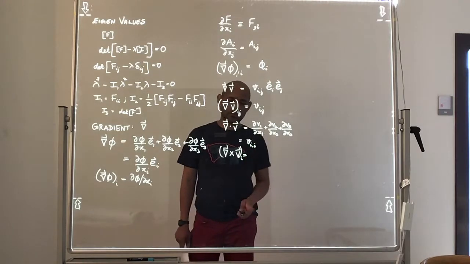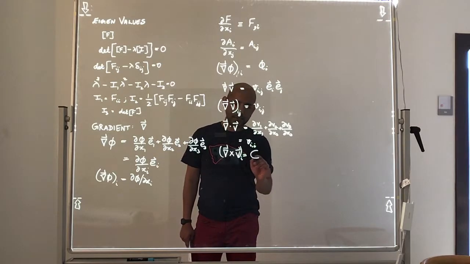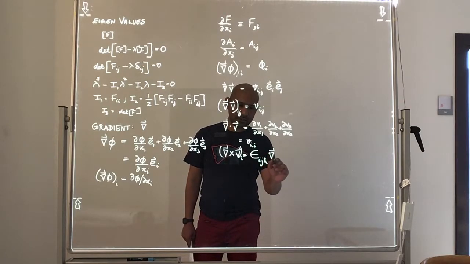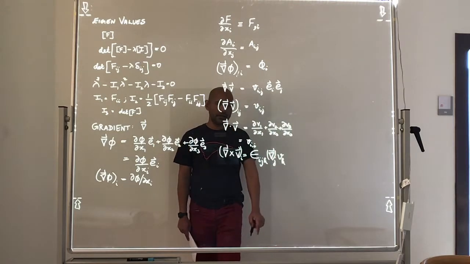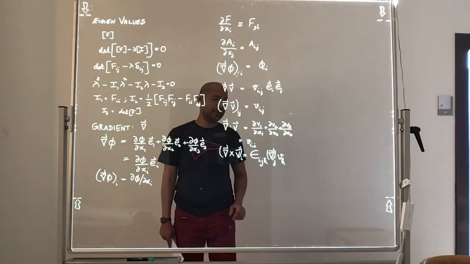A cross B, okay? So I need epsilon ijk, the jth component of this gradient, and the kth component of V. Gradient is just doing derivative, right?